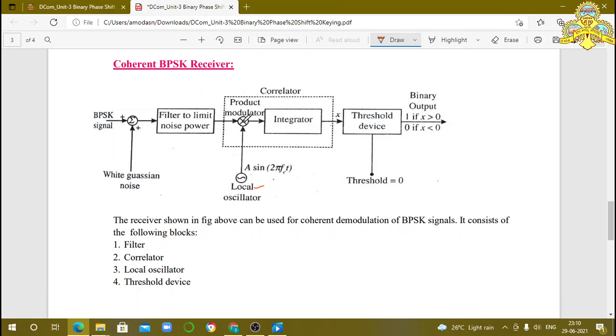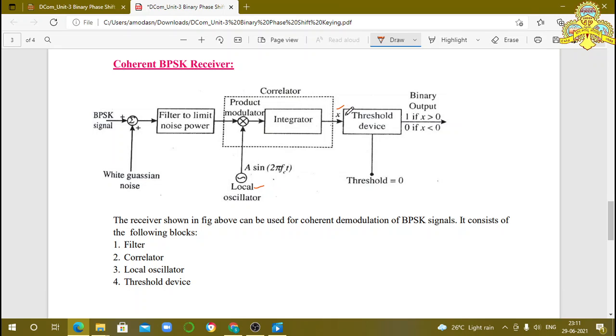Here, this product modulator compares with the received signal. If the received signal and the local oscillator frequencies are matched together, then the output of the product modulator is integrated by the integrator, and that integrator output, that is the correlator output, is indicated by X, correct?